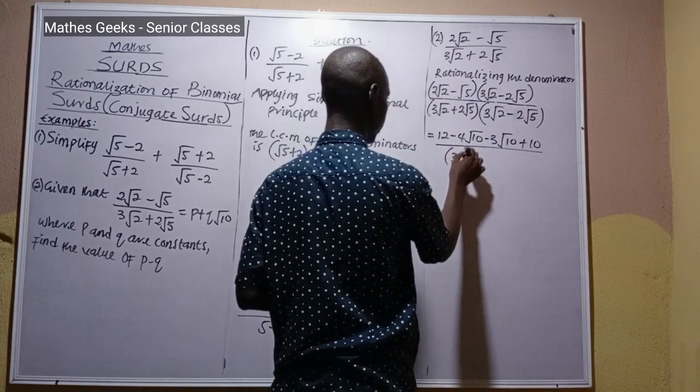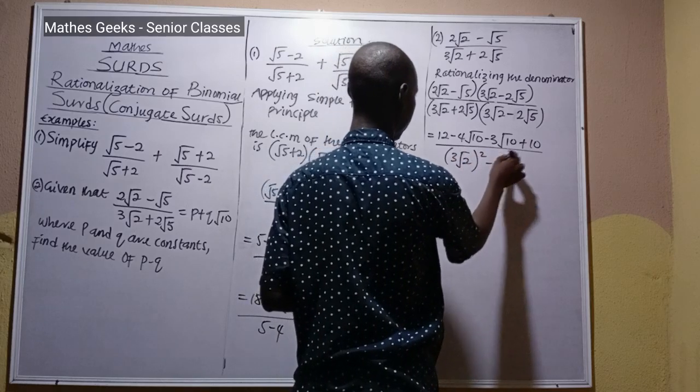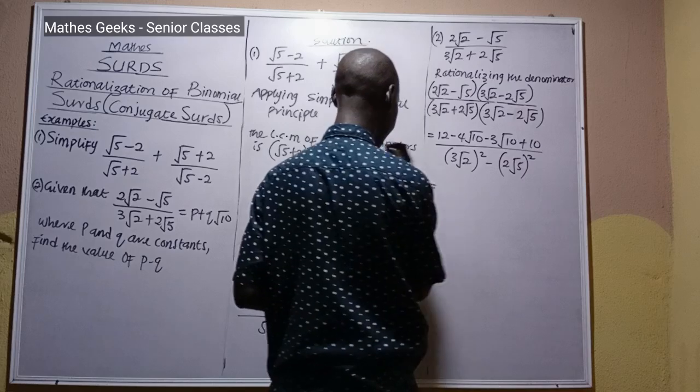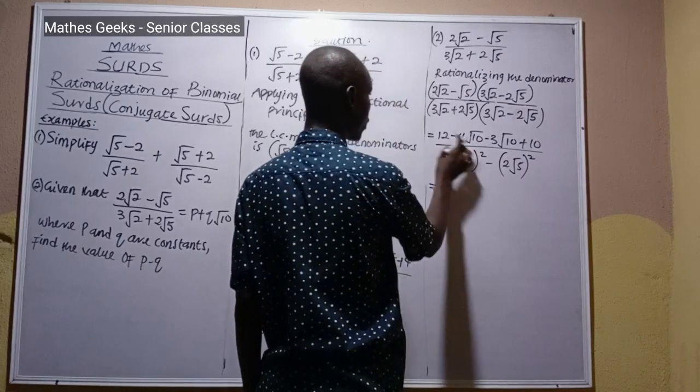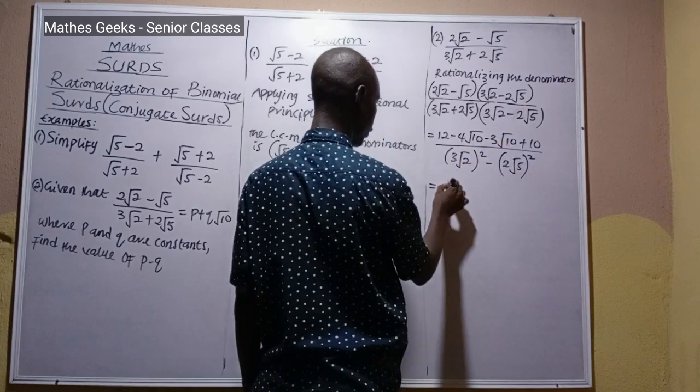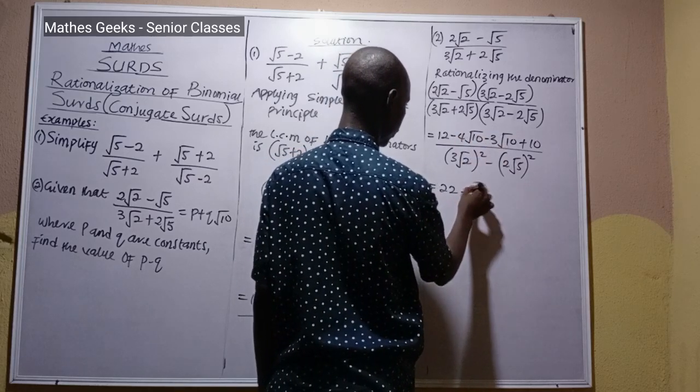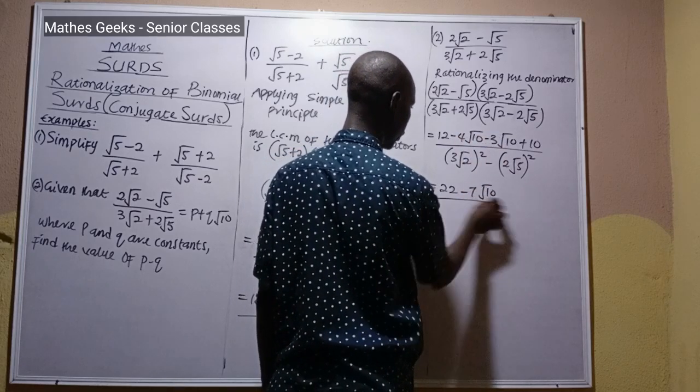The denominator will give us 3 root 2 squared minus 2 root 5 squared. 12 plus 10 is 22, minus 4 root 10 plus 8, minus 7 root 10.